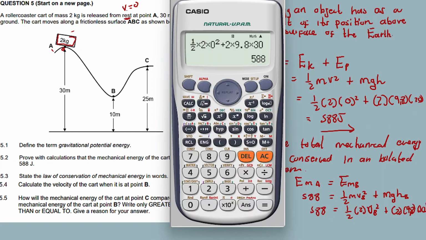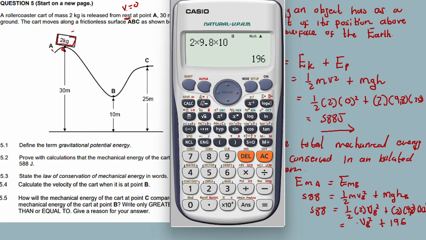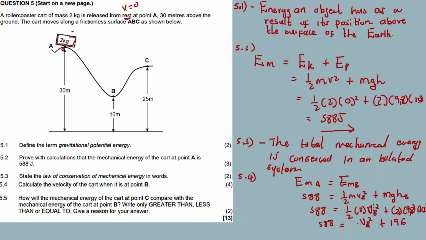588. We calculate again: 1 over 2 times 2 is 1, so there's no need to use the calculator. Then 2 times 9.8 times 10 is equal to 196. So it's v B squared plus 196 equals 588.